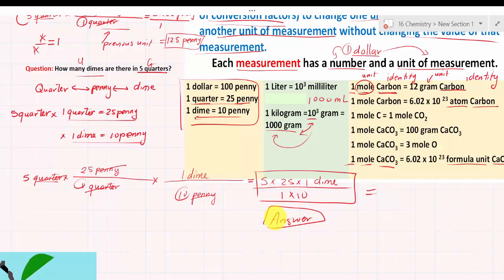But if we want to simplify this and get our final answer in terms of exact number of dimes, we can just plug it into a calculator. 5 times 25 times 1 divided by 1 divided by 10. So again, multiply everything on top, divide everything on the bottom, and it gives us 12.5 dimes. So 12.5 dimes has the same value as 5 quarters.